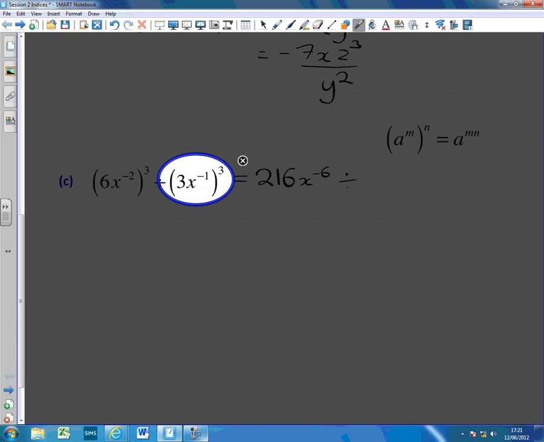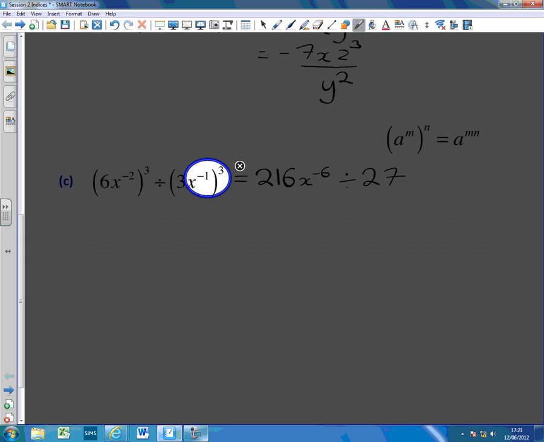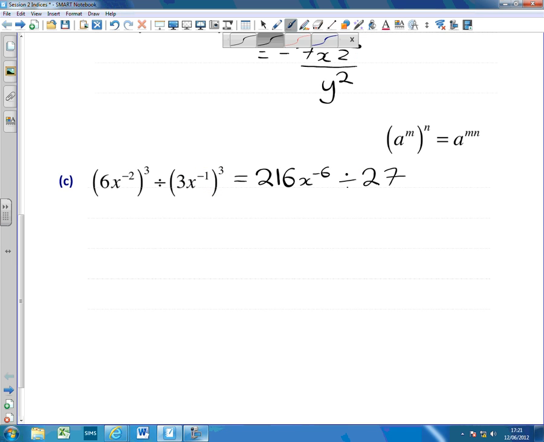So we need to do 3 cubed, which is 27. And then we do this bit where we multiply our powers, minus 1 times 3. So we've got x to the minus 3. So simplifying down further, you've got 216, and let's see if we can divide that by 27.